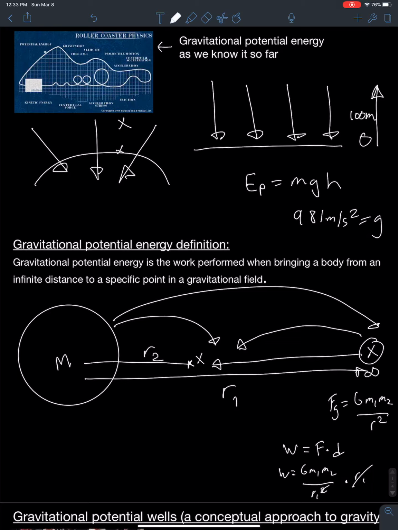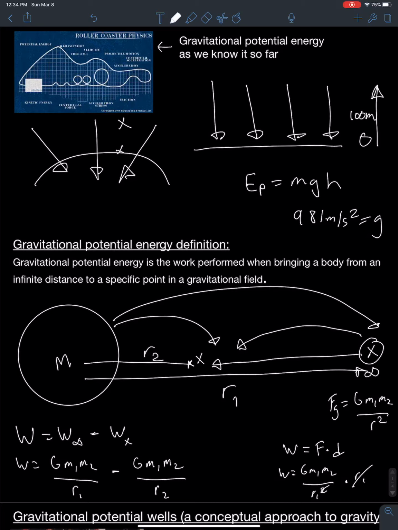What I said is the total work that I'd have to do is to take the work that I'd have to do to bring an object from infinity to that point X in that field. So work is going to be equal to G M1 M2 over R1, which is actually infinity, minus G M1 M2 over R2.